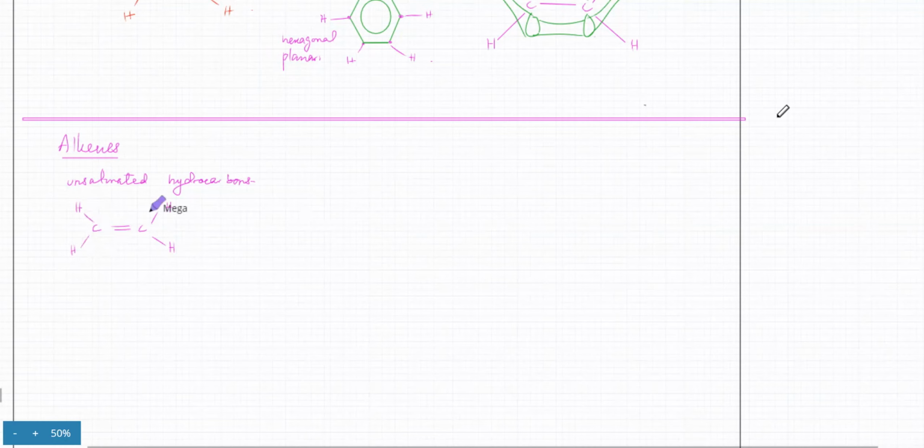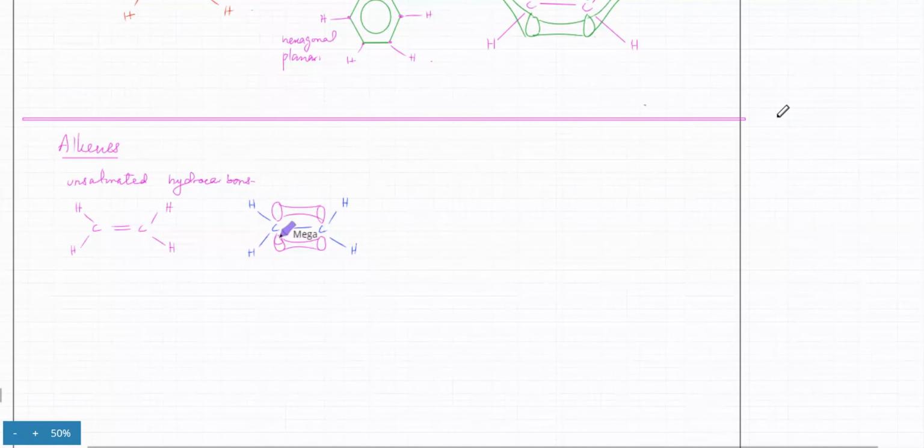And quickly drawing the pi electron cloud, this carbon is bonded to 3 atoms. This carbon is also bonded to 3 atoms, and the fourth orbital is going to form a pi electron cloud.